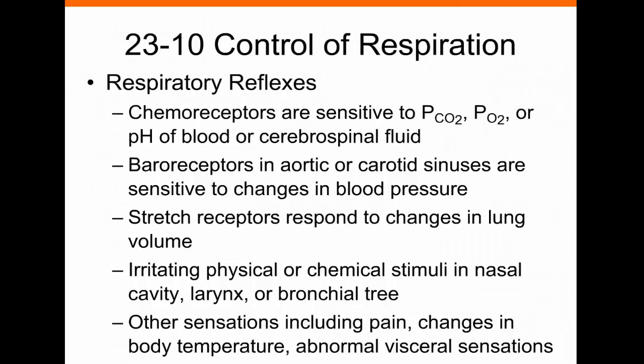The stretch receptors respond to changes in lung volume. You can get irritation or physical or chemical stimulation in the nasal cavity, the larynx, or the bronchial tree, and that can also trigger a reflex. Other sensations, including pain and changes in body temperature and abnormal visceral sensations, can also trigger respiratory reflexes.